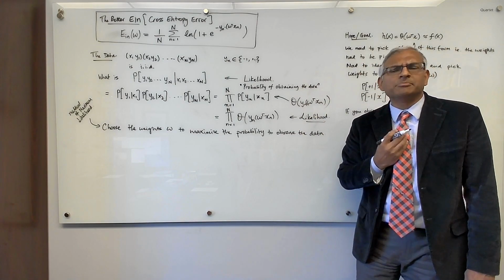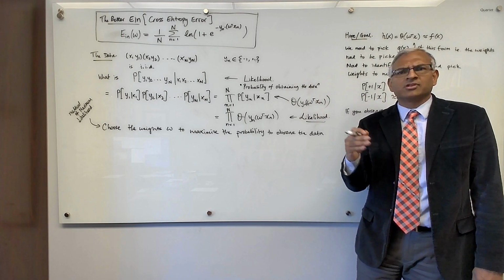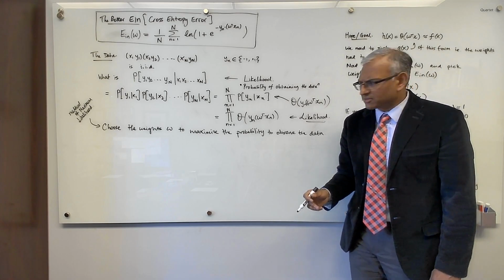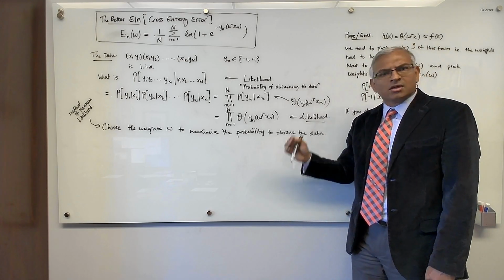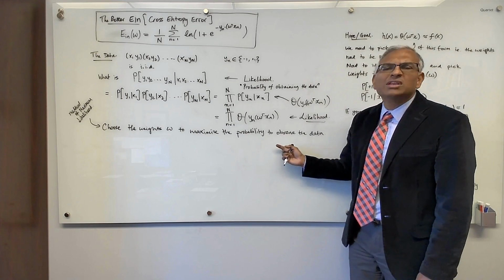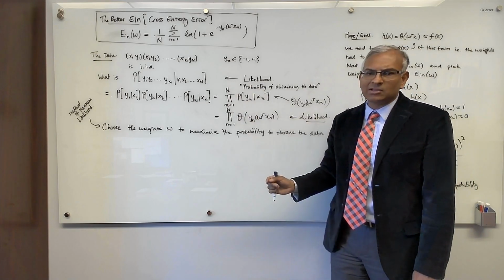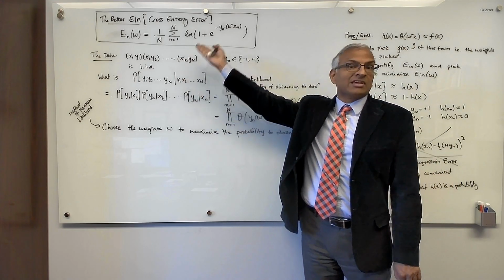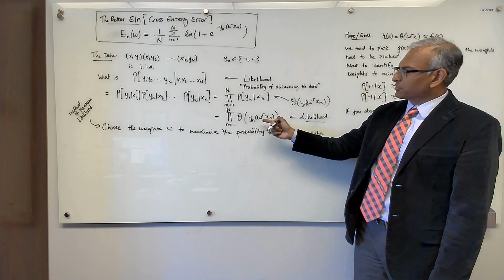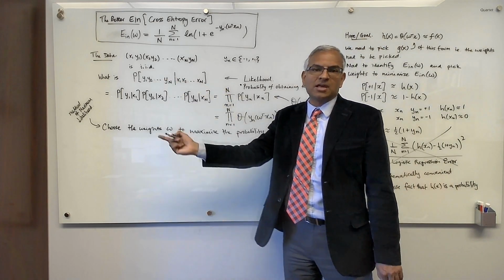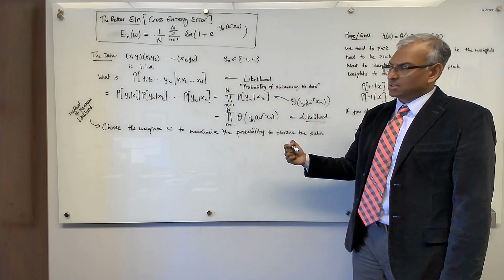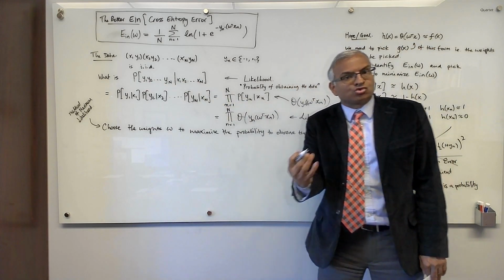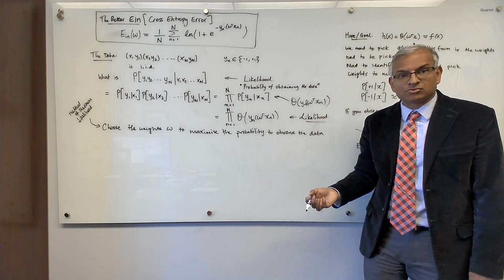That's not our business. We're going to leave that to the philosophers of mathematics, the philosophers of probability theory, and let them have it out with each other as to whether or not this is a good thing. The bottom line is, it intuitively makes sense to maximize the likelihood, because a good hypothesis should produce data with high probability. The probability of observing the y values should be large, no matter whether the y's are +1 or -1.